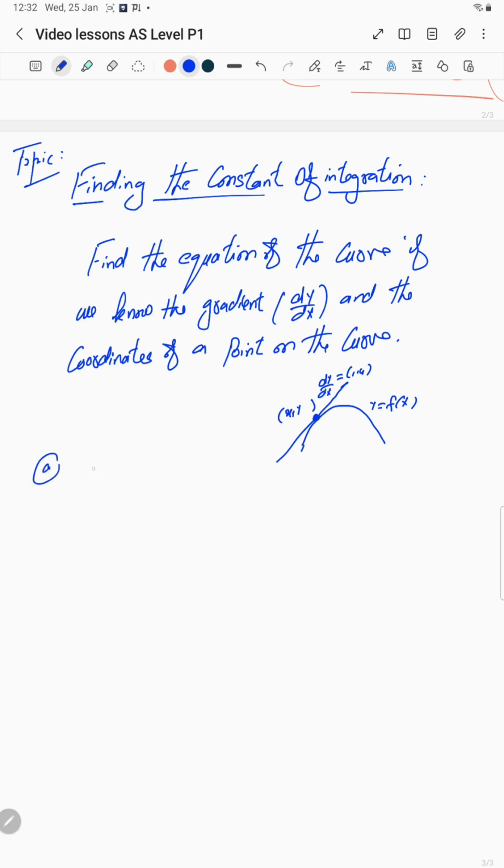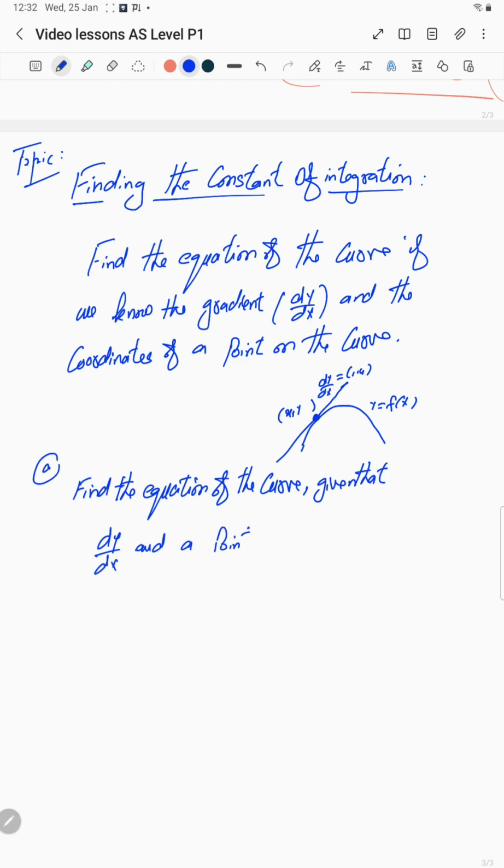The question is: find the equation of the curve given that the gradient, dy by dx of the curve, and a point, say P, on the curve.